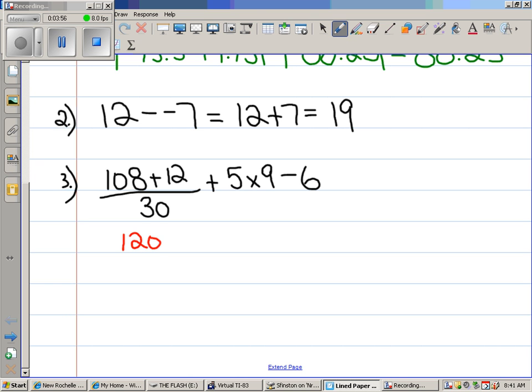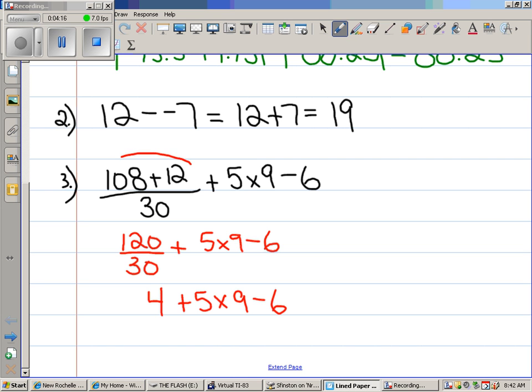120. So now we've got 120 divided by 30 plus 5 times 9 minus 6. And then what are we going to do next? Let's just finish that part off. How much is 120 divided by 30? 4. Very nice. So this is going to be 4 plus 5 times 9 minus 6. All we really did was attack this part first, and we simplified it.